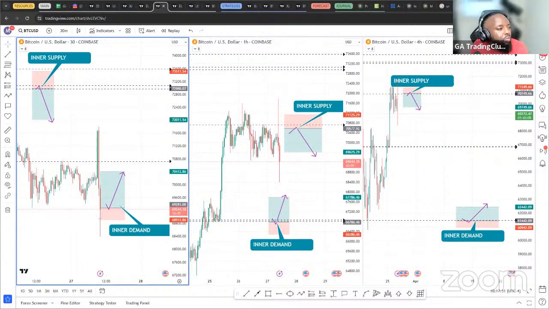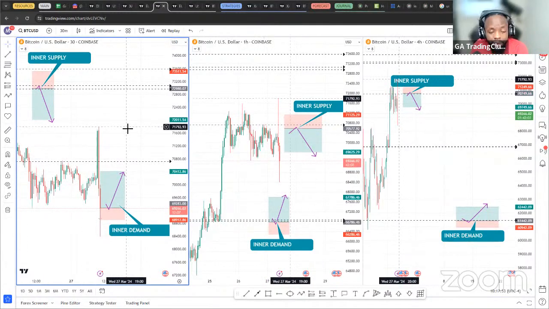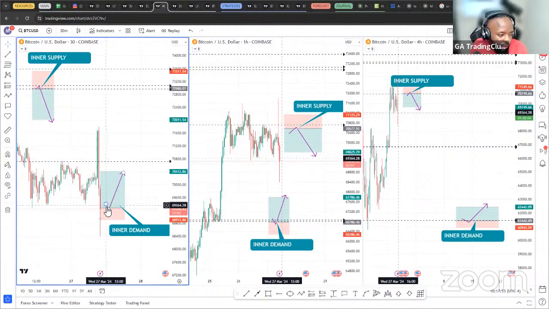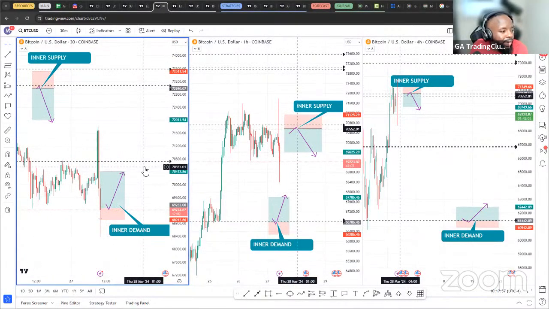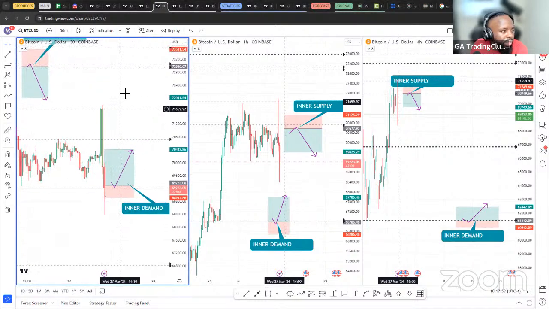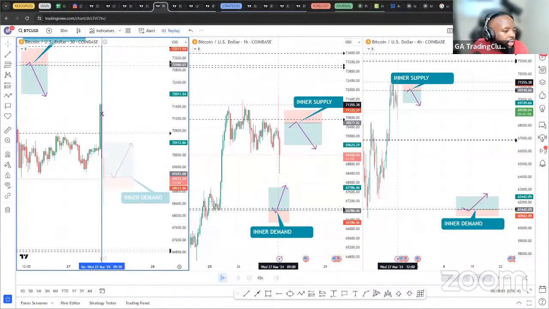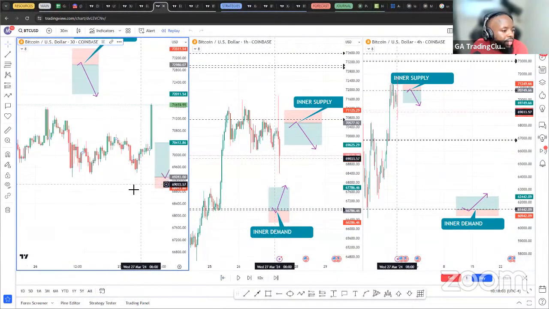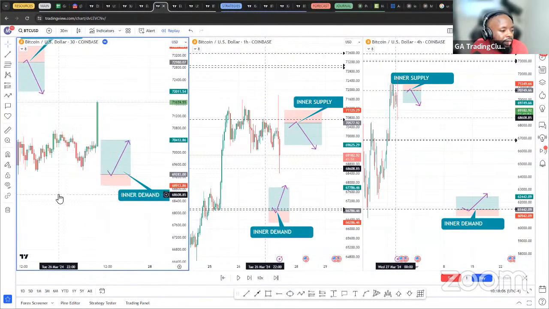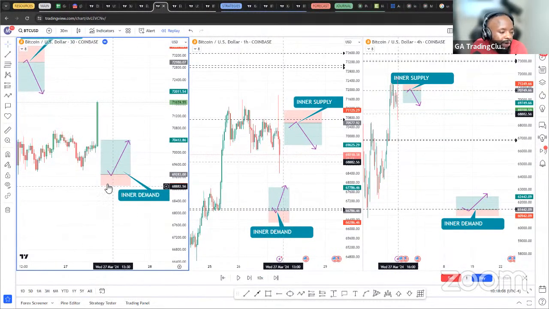Now, the other thing I was looking at, same thing, but in reverse. So if you're looking for a supply and demand entry, so for example, let's backtest this entry taken here. We had this alert on BTC at 69,283, that inner demand.